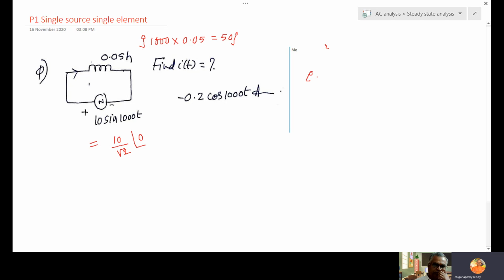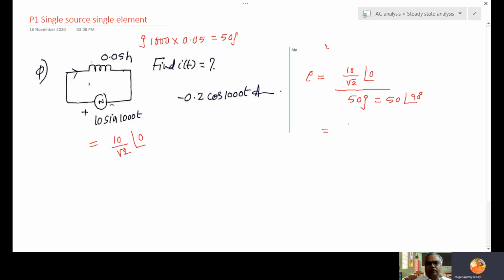Then the current I is 10 by root 2 angle 0 divided by 50j. But this 50j is nothing but 50 at angle of 90.